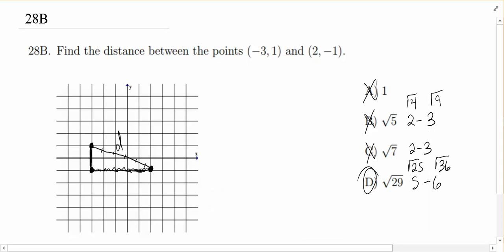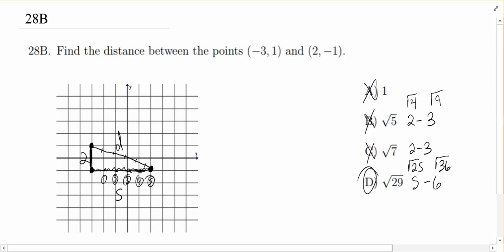But now again, counting comes into play because for that vertical line that I drew, instead of doing any sort of math like 1 minus negative 1, we just count and say, how many tick marks are there? Oh, there's 2. And same thing for the horizontal line. We can just count. We can say 1, 2, 3, 4, 5.